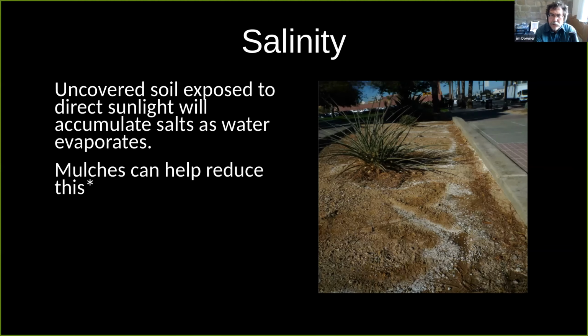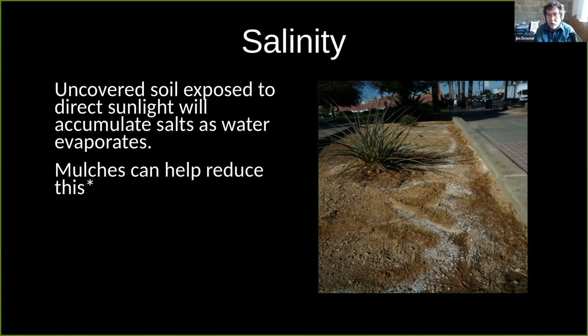So again, this is something we suffer in the West. This is Henderson, Nevada, showing you salt crusting on the surface of an unprotected soil. And when I say unprotected, I mean uncovered, i.e. no mulch. And so where we have evaporation way exceeding any amount of precipitation, we tend to build up salts.